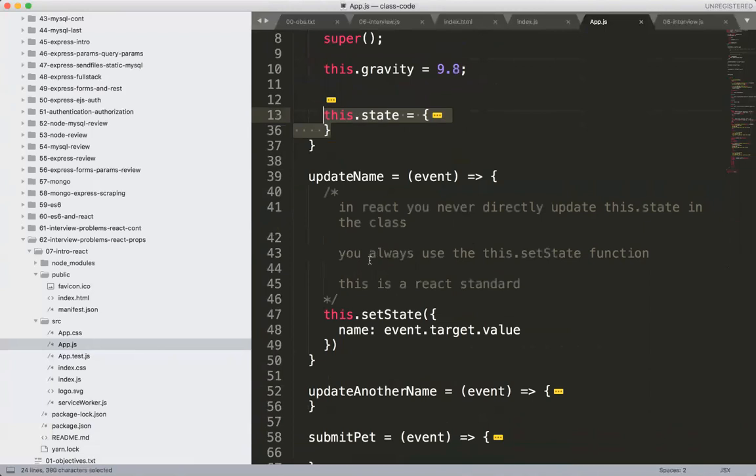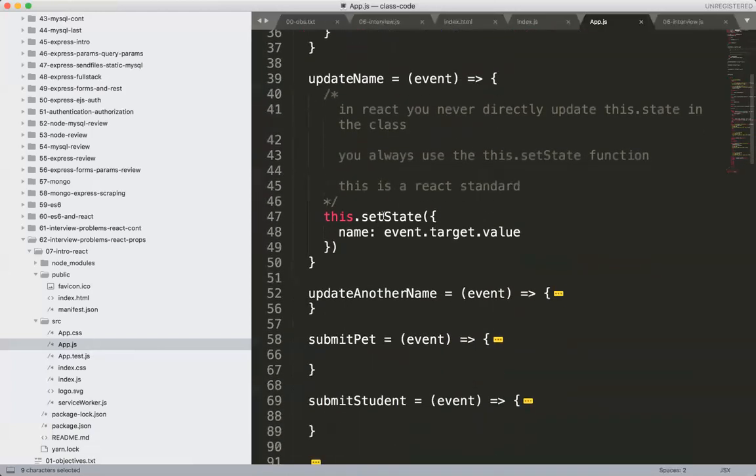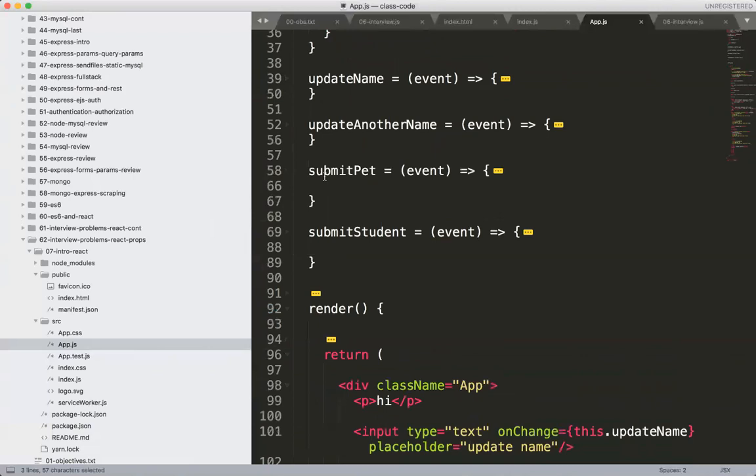It'll just break everything. And it'll be hard to debug too, right? So you have to use this.setState. There's a setState function somewhere in the component, somewhere up through the class architecture. So whenever you want to update the data, you do this.setState. And that's essentially how updateAnotherName works also.